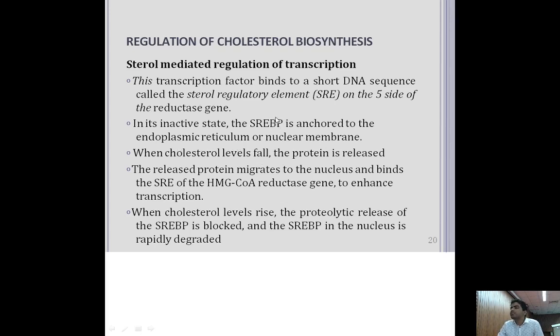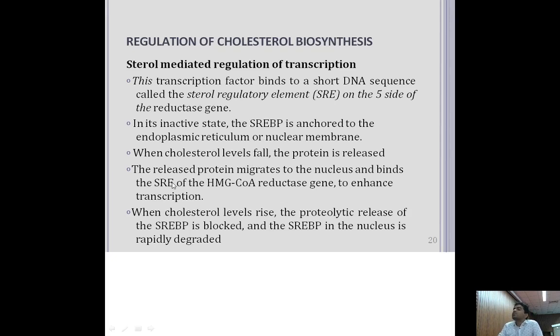Then SREBP goes inside the nucleus and binds to the SRE, the sterol regulatory element. The HMG coenzyme reductase gene is present in the DNA, and beside that gene this element is present.